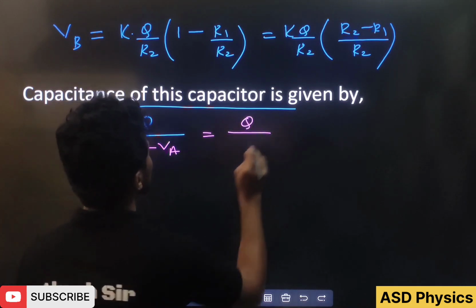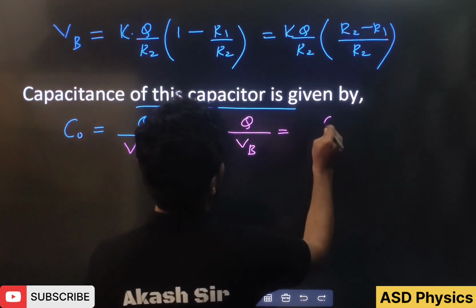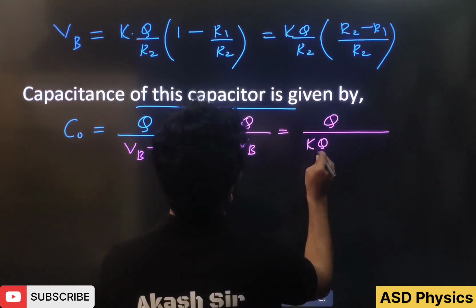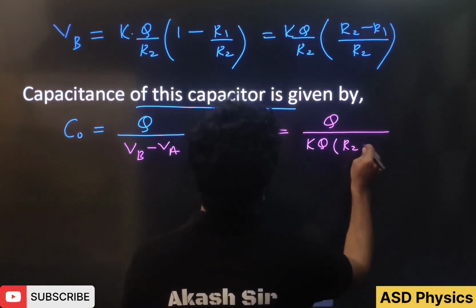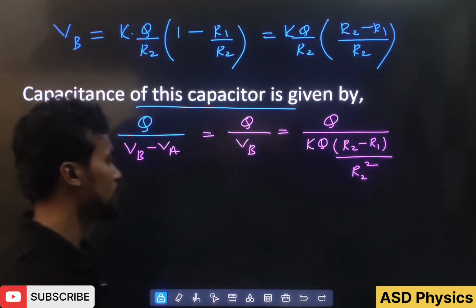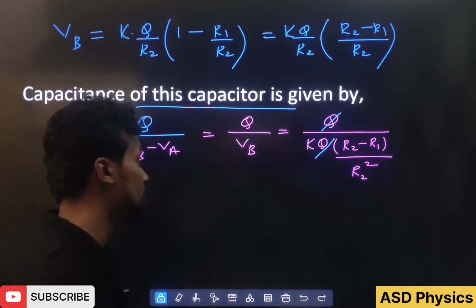Now the inner one is grounded, so VA is 0, that means Q by VB. Let's put the value: Q, and the VB value is KQ times R2 minus R1 by R2 square. This charge Q and this charge Q will cancel out.